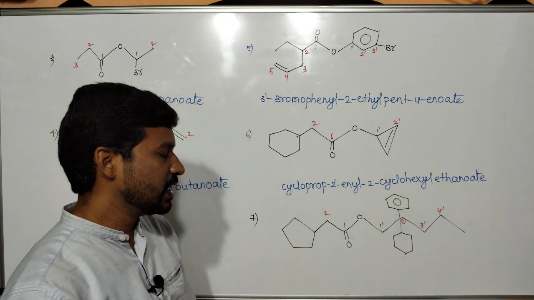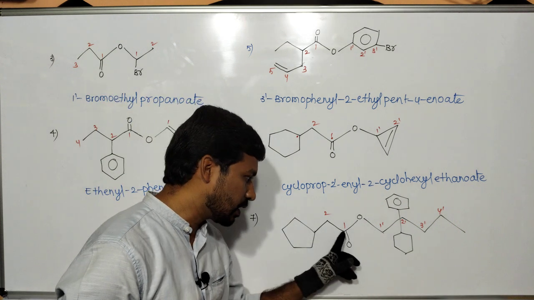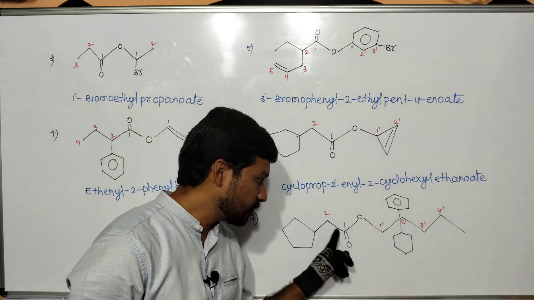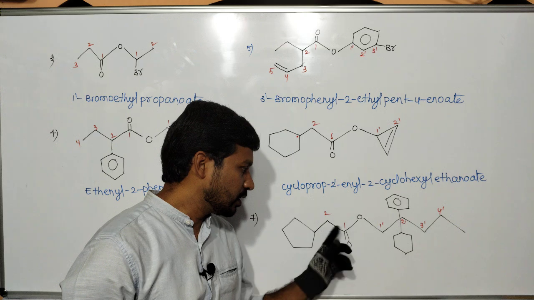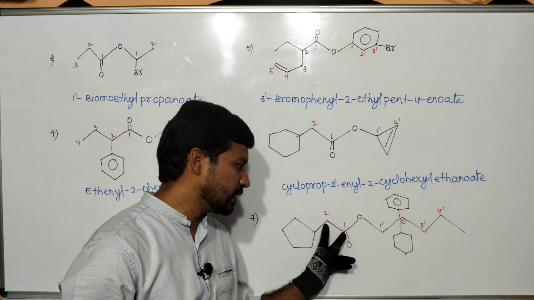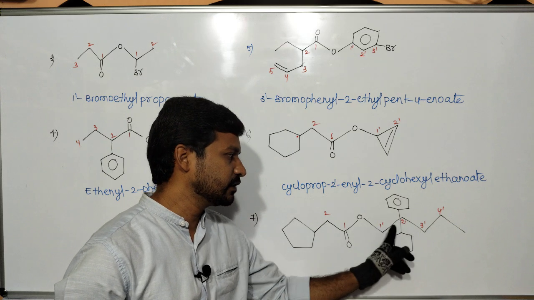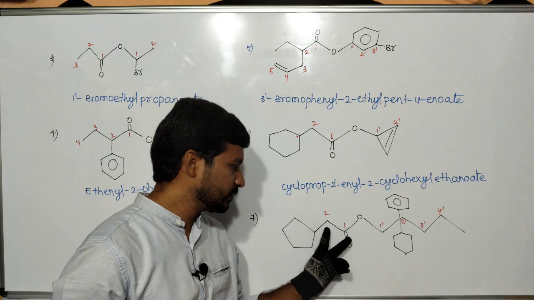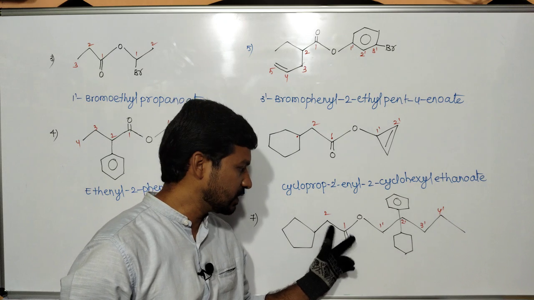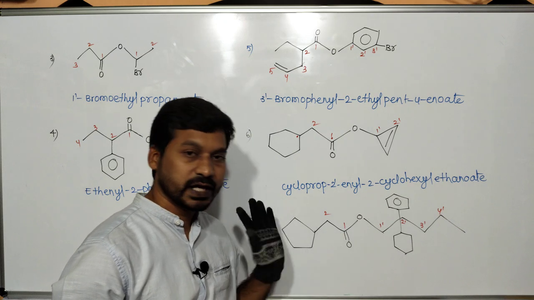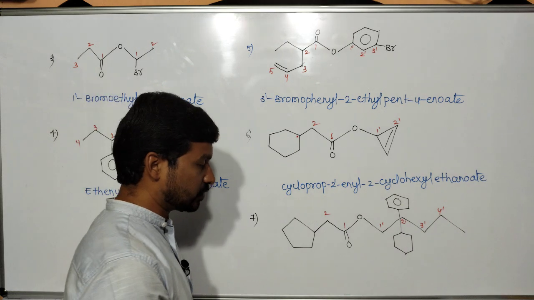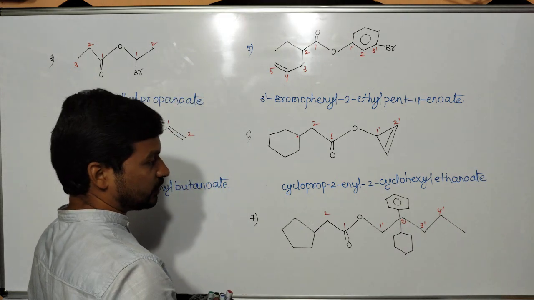Do not select the parent chain from the longest continuous carbon chain. Select the parent chain from the chain containing the functional group, irrespective of the length of the chain. This is 4, this is 2. I am selecting the parent chain from this one because this chain contains the functional group. Here the functional group has higher priority than the length of the chain.